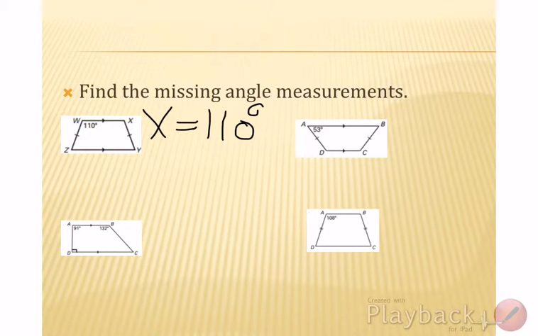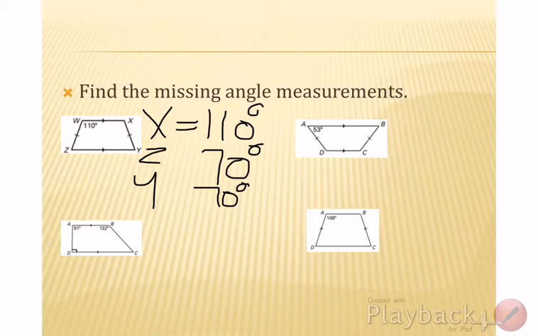They will be congruent, and they will actually be supplementary to the 110, which means that z and y will be 70 degrees. And 110 and 110 is 220. 70 plus 70 is 140, added to the 220, and you get 360, which is what we expect for all quadrilaterals.